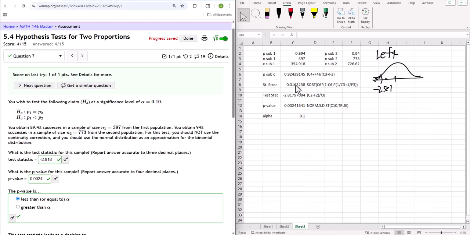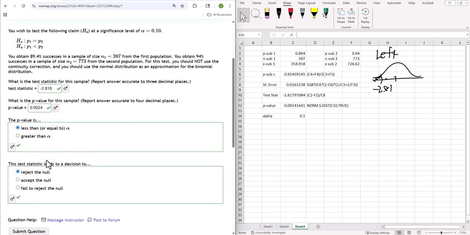Using the pooled probability and the information for our successes and trial sizes, getting our standard error, taking the difference of our proportions and dividing by our standard error, gets us our test statistic. Then we can draw a picture. Again, we're left-tailed here, so it's just left of this. Finding our p-value, making a comparison to alpha, and then we made a decision here, and we should have a conclusion also.